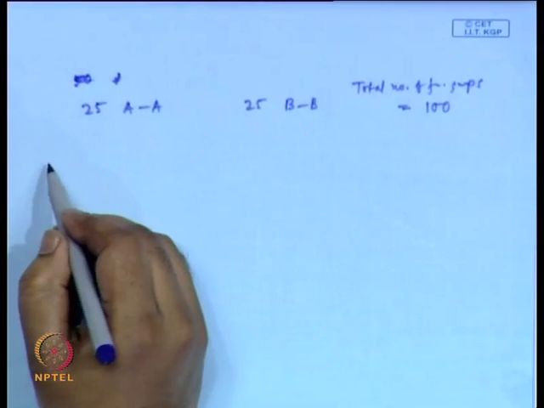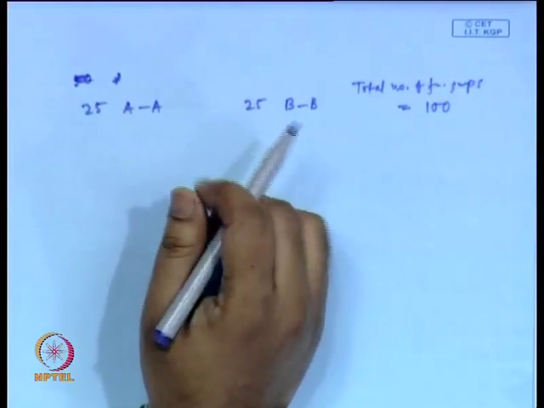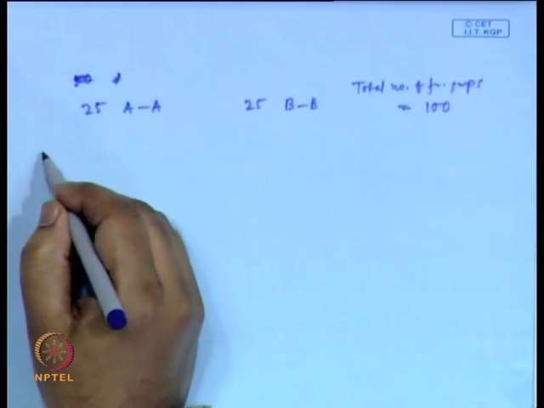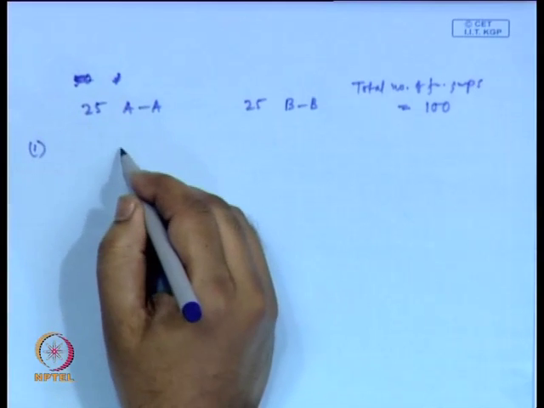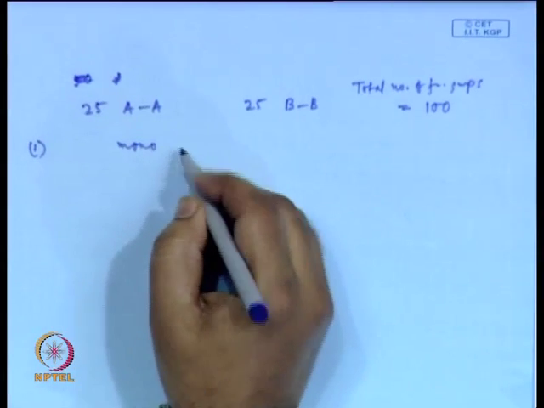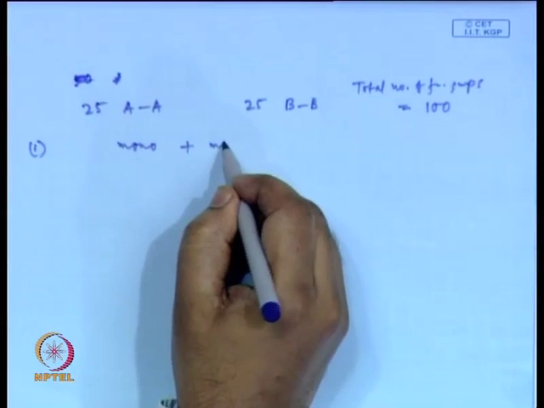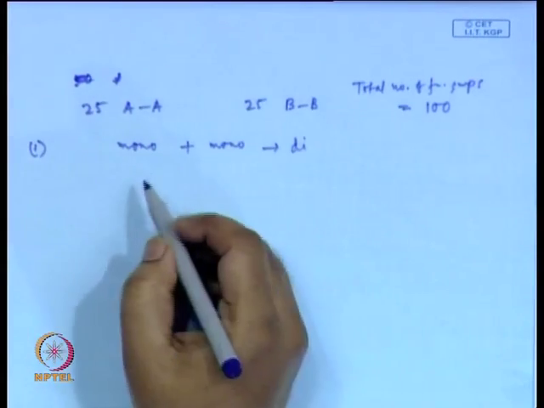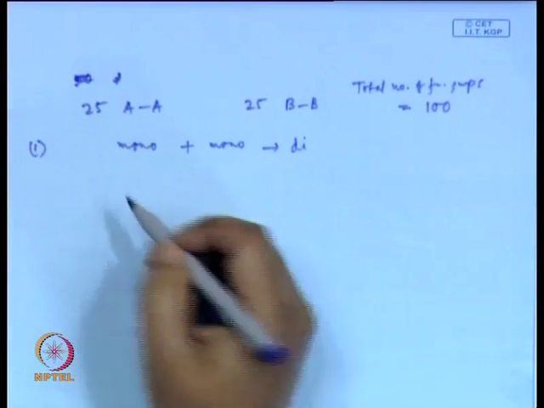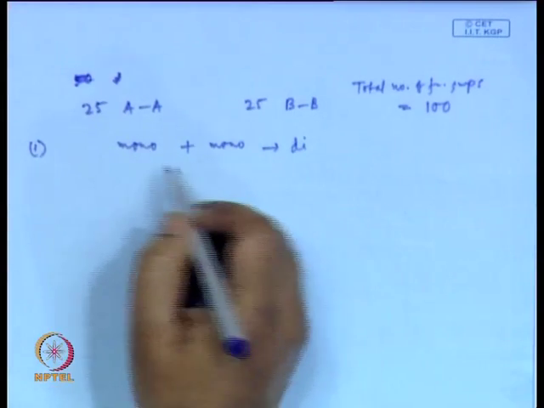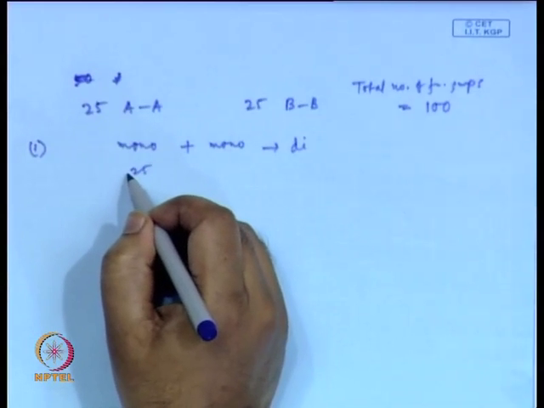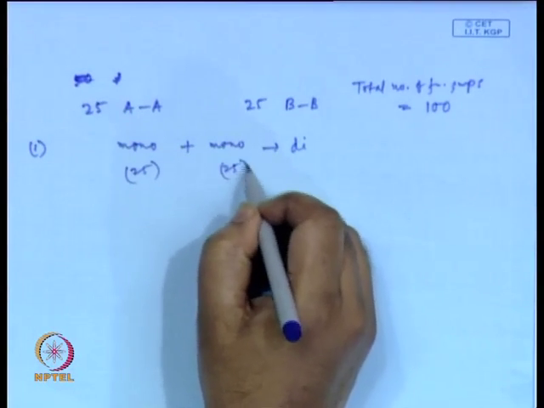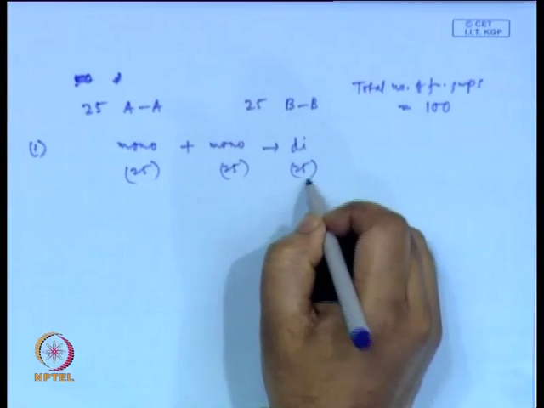Now, let these monomers all react with each other. In the first step, monomer plus monomer gives you a dimer, and for simplicity we assume that all the monomers react, 25 of this monomer reacting with 25 monomers, giving 25 dimers.